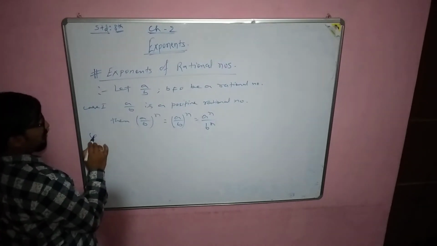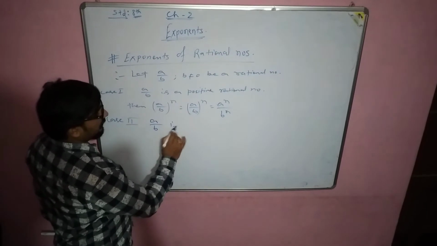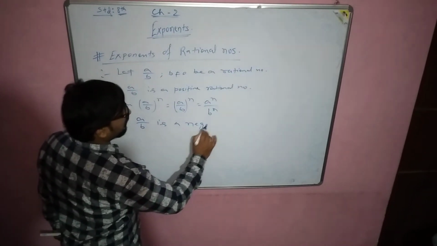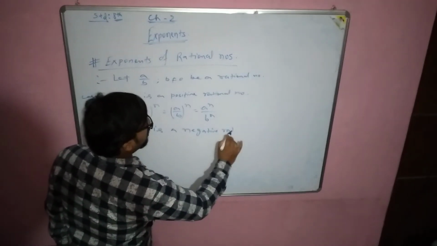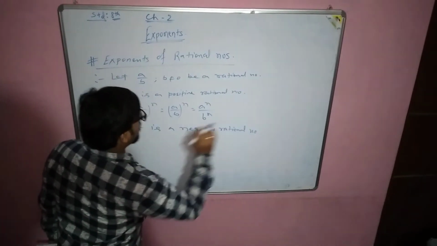Now case 2: a by b is a negative rational number, because we know that there are two types of rational numbers, positive and negative.